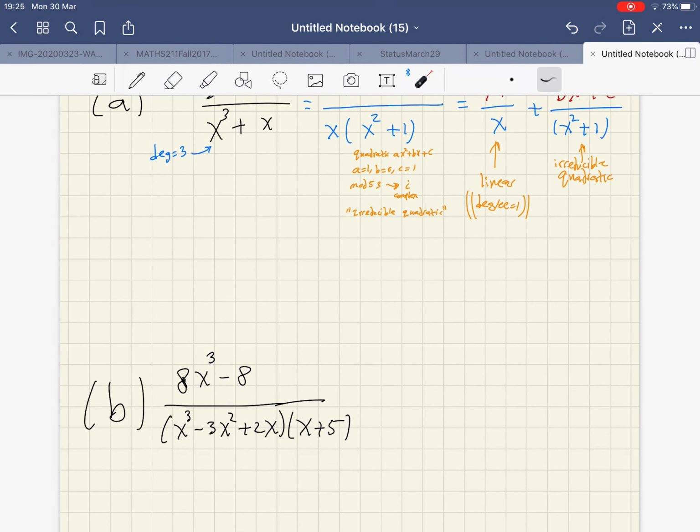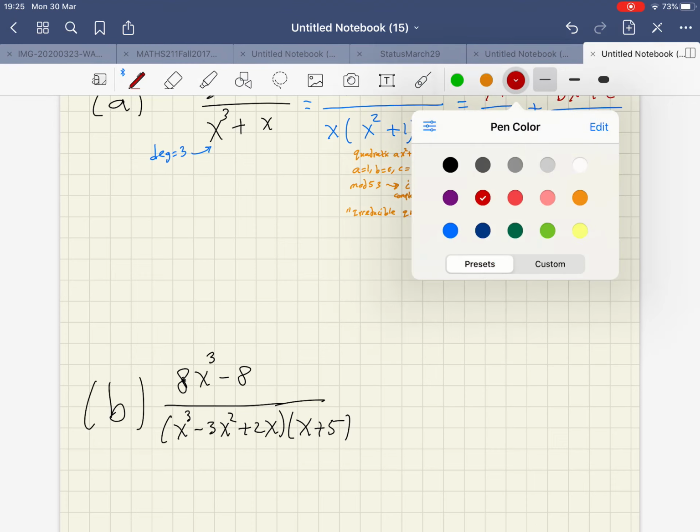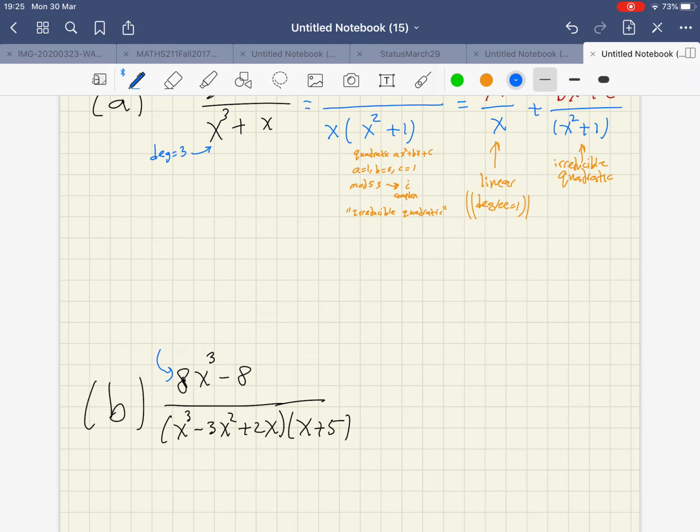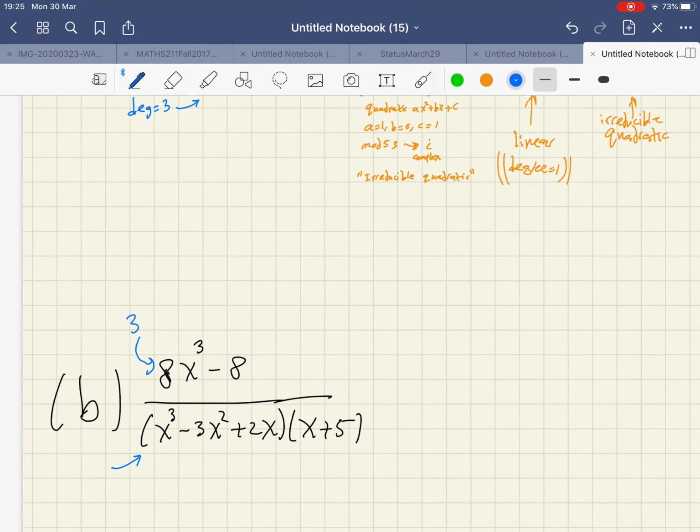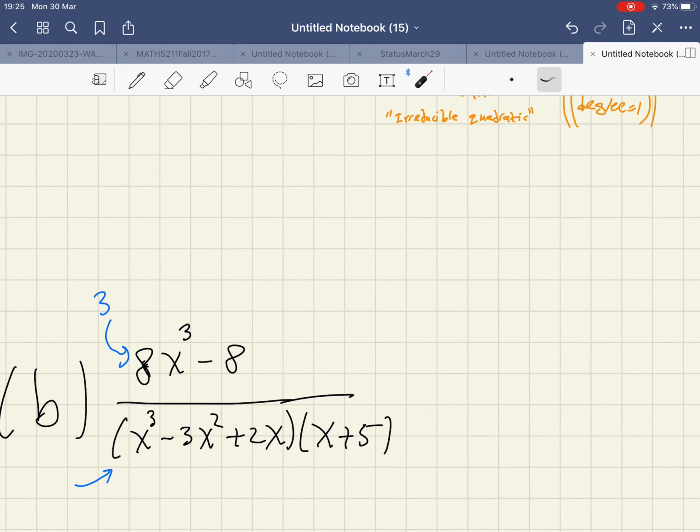Let's go to the next one, and let's think about the next one very carefully because it's a very long question. First of all, can you tell me what is the degree of the numerator? Yes, it is 3. Now, can you tell me what's the degree of the denominator? Well, we need to count. This has degree 3. This has degree 1.